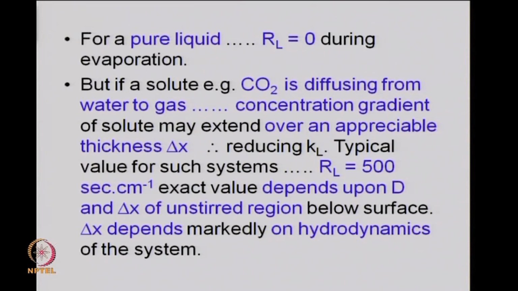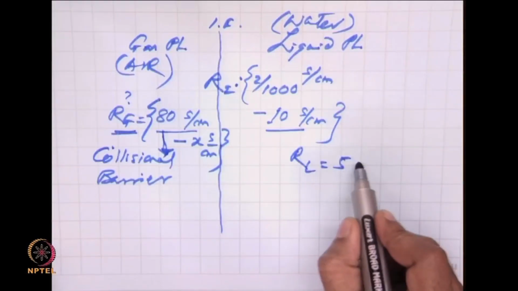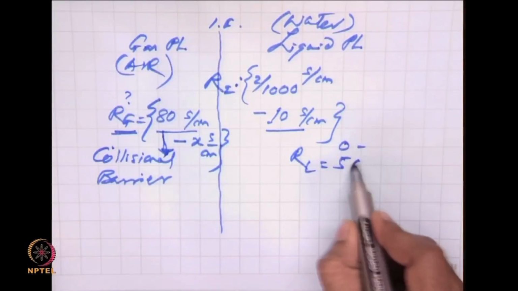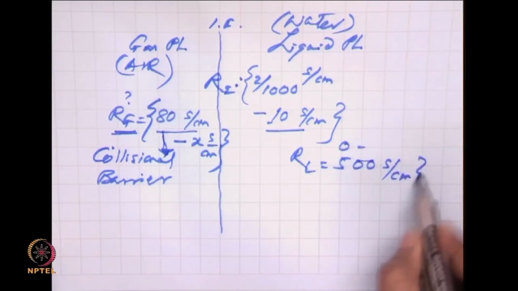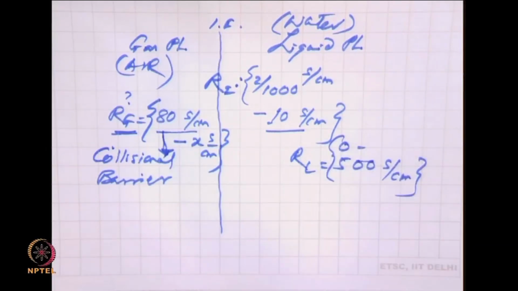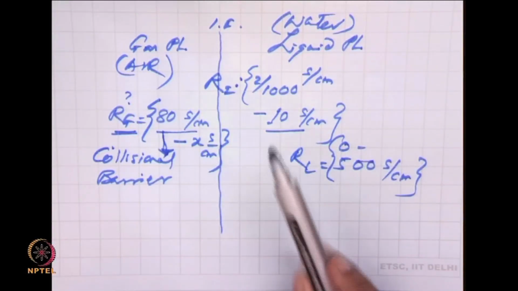So, let us put it down here. The liquid phase resistance RL is of the order of say 0 to 500 seconds per centimeter. So far we have these ranges now.